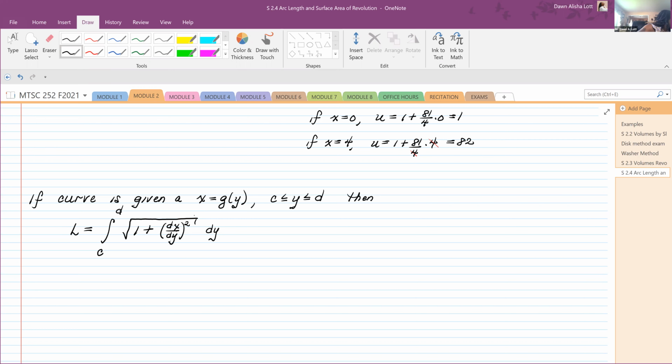Here's one. Again, find the length of the curve.